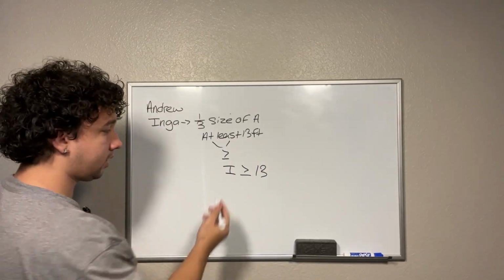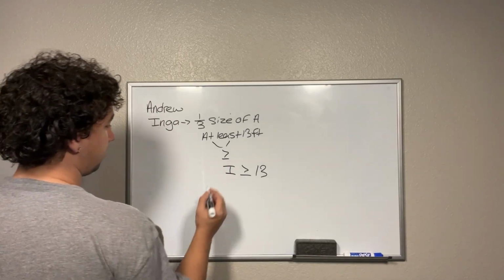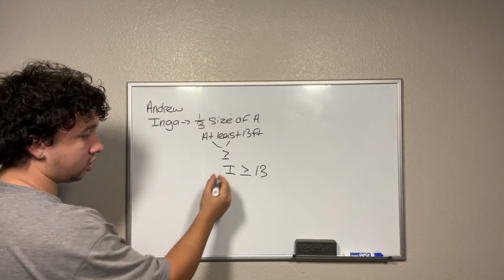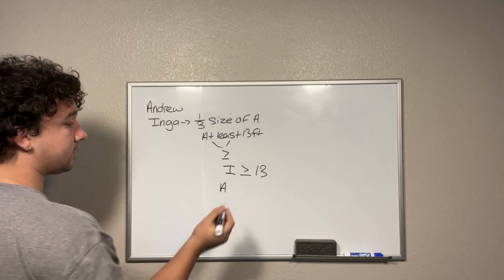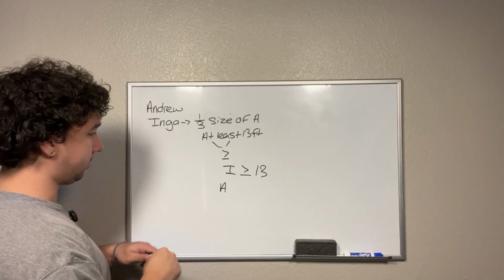Cool. That's Inga. But let's talk about Andrew here, right? In terms of this, we know that Andrew is going to be basically 3 times Inga, right? So that's kind of like the relationship here.